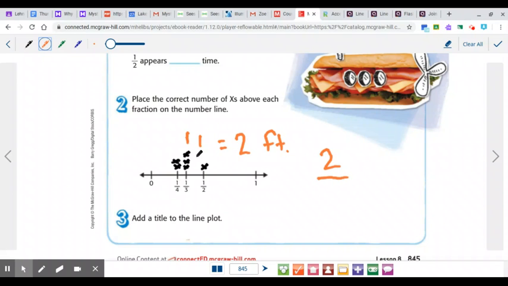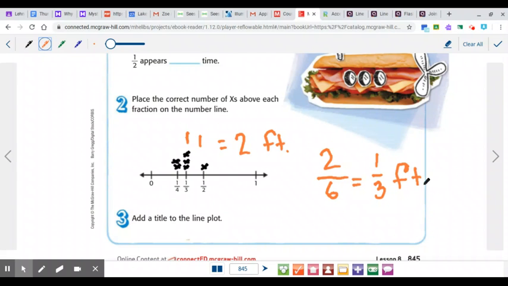So I've got 1, 2, 3, 4, 5, 6. So if I do 2 divided by 6, we know that I can just simplify this to 1/3. If everyone had gotten their fair share, everyone should have gotten 1/3 of a foot of a sandwich.